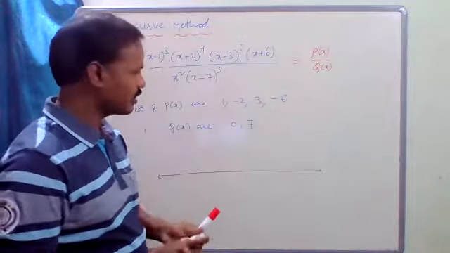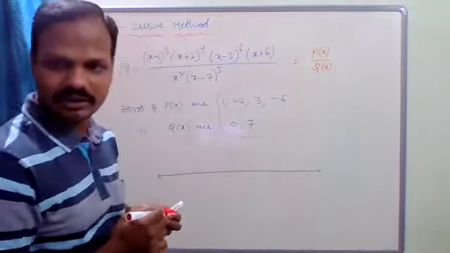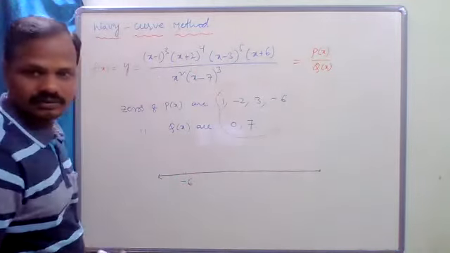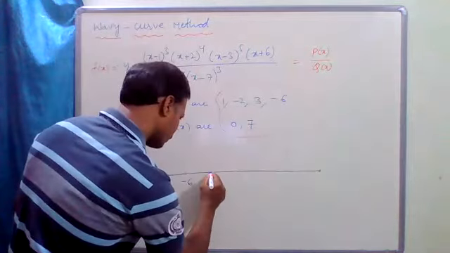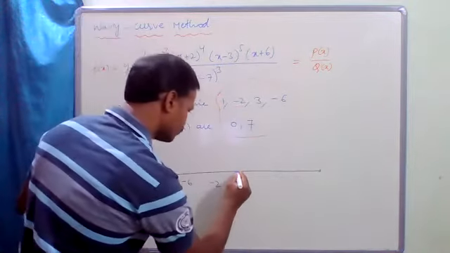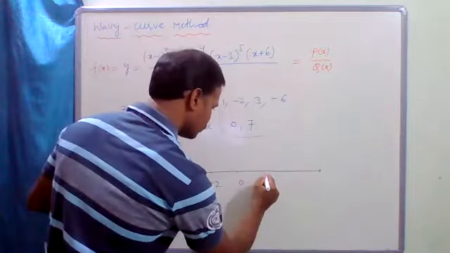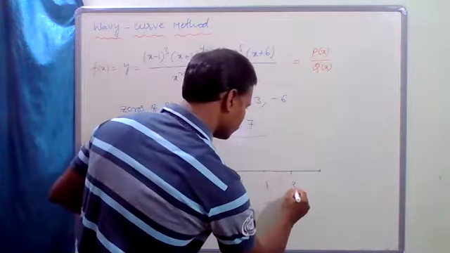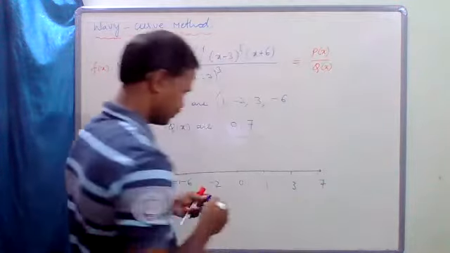It is minus 6, so write minus 6 first. After that, minus 2, then 0, then 1, then 3, and at last, 7.